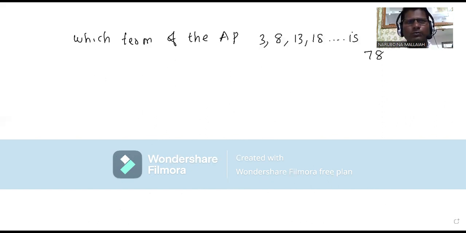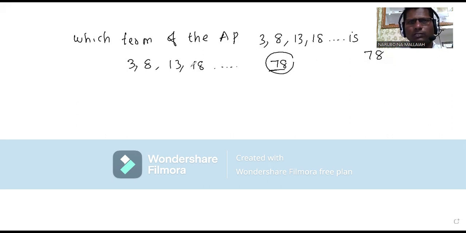That's it. Next question: which term of the AP 3, 8, 13, 18 is 78? The given series is 3, 8, 13, 18 and so on. Here 78 is given. How many terms until this 78?